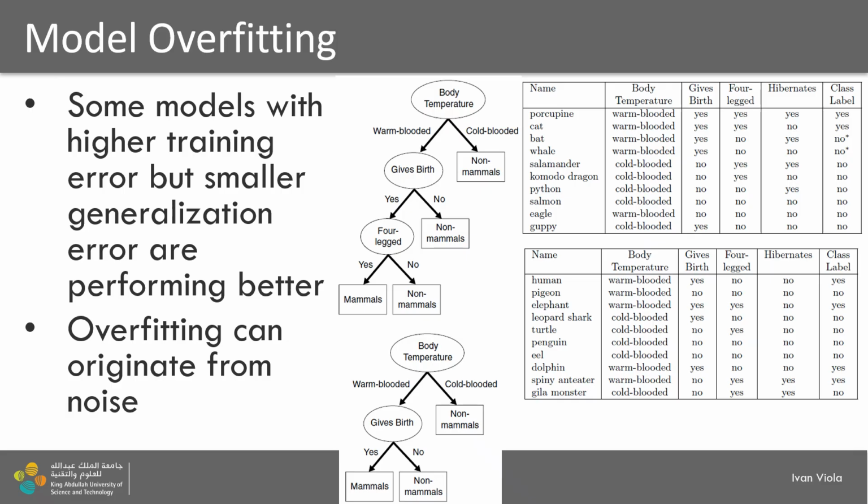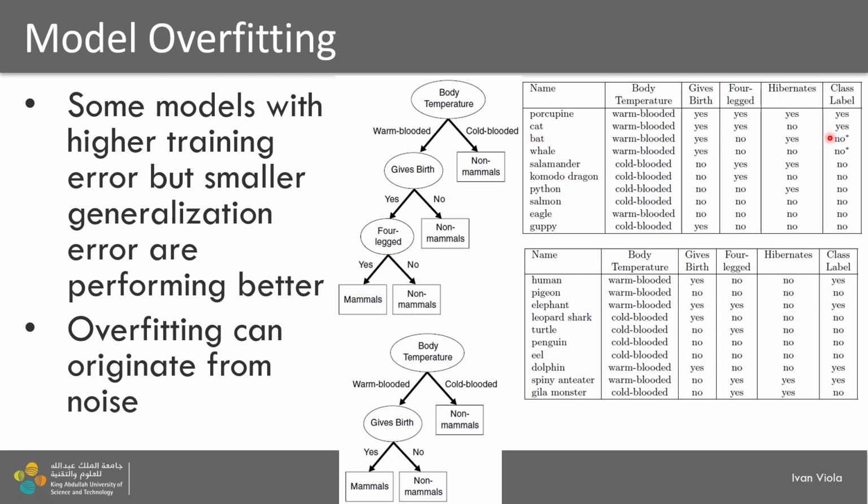Now imagine that based on this, we perform a classification which will end up classifying the mammals according to body temperature, warm-blooded, gives birth, yes, and then four-legged, yes, mammals, and no, not mammals, which is not true.